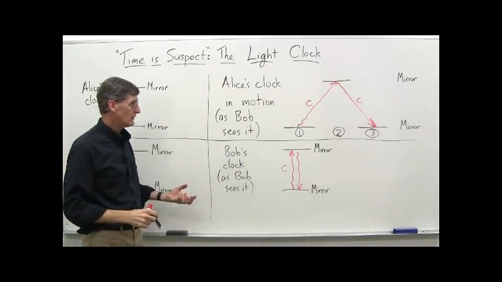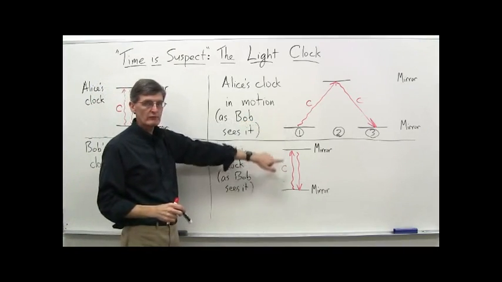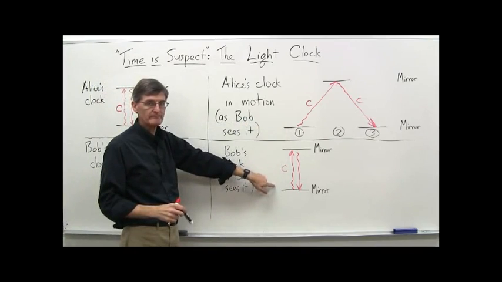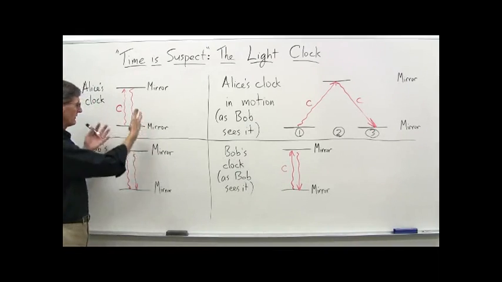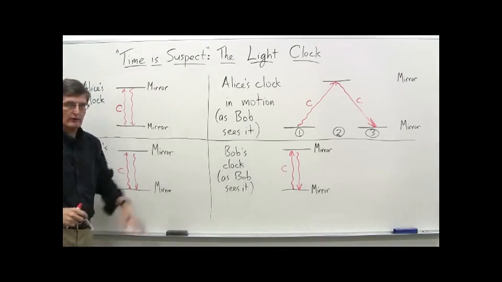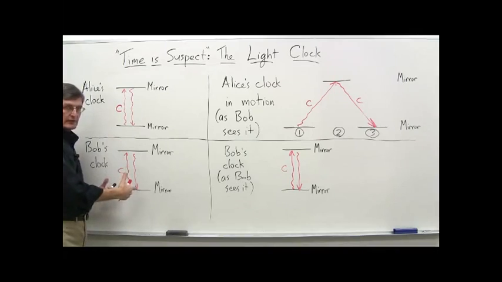What we're seeing here is that from Bob's perspective, Alice's clock is running more slowly than his clock. And yet the two clocks are identical when we have them side by side. They're just sitting there together, Alice and Bob, before Alice took off in her ship, working just fine, synchronized, keeping the same time.